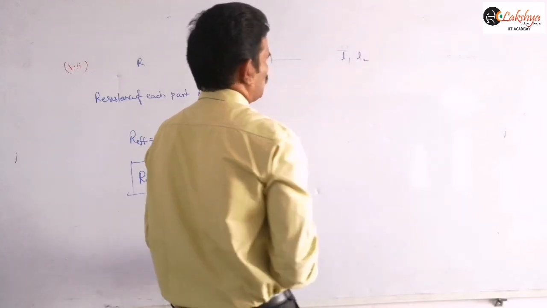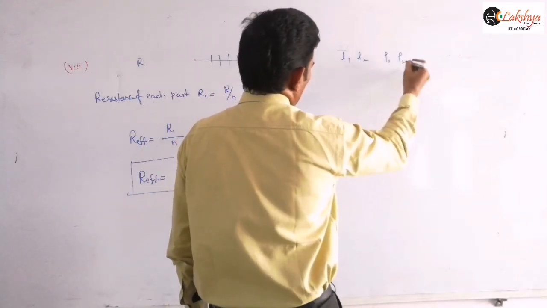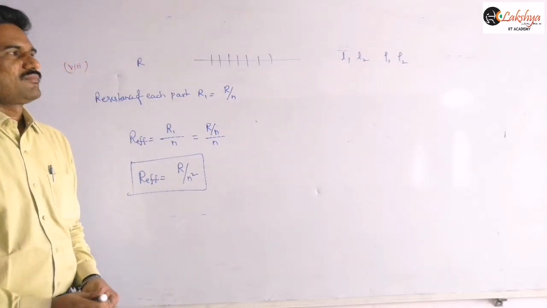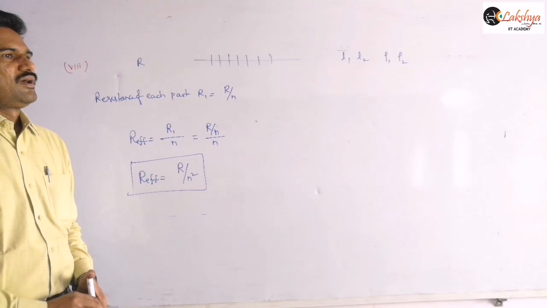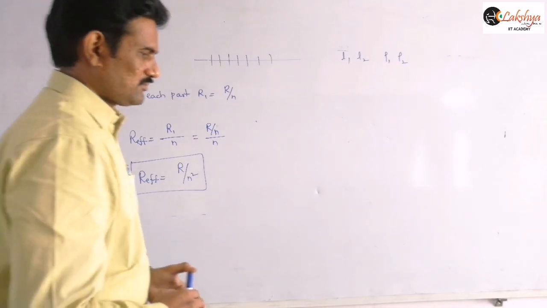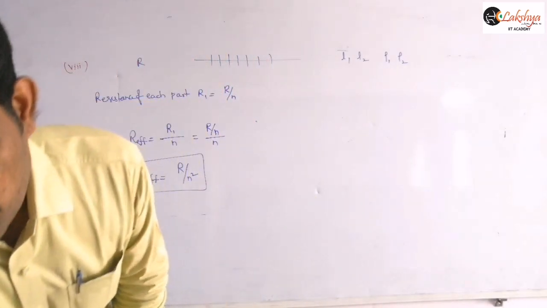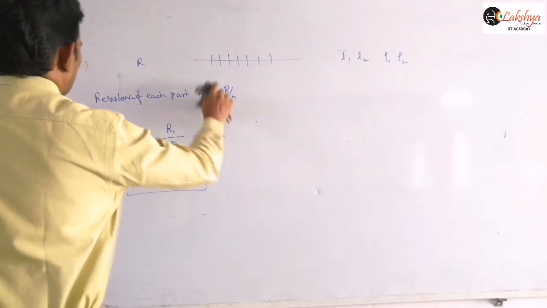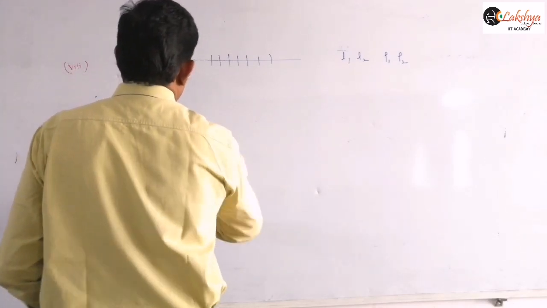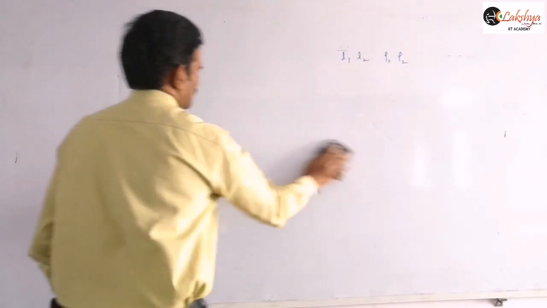Having lengths L1 and L2, resistivities rho 1 and rho 2 respectively, are connected in series, then find the effective resistivity of this combination.